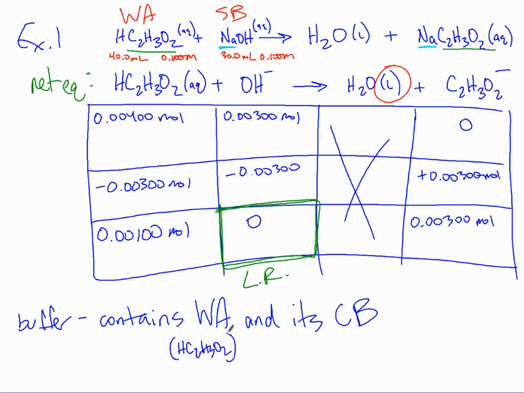And we have its conjugate base here. That's acetate. So this is one where we can say, yes, it's a buffer solution based on just that piece of information. The end solution has a weak acid and its conjugate base. There's both.